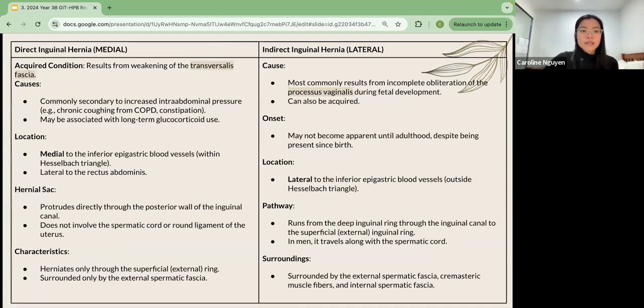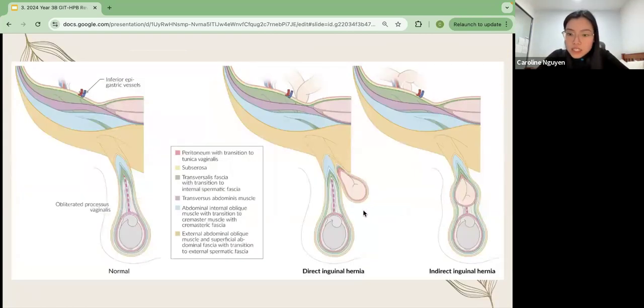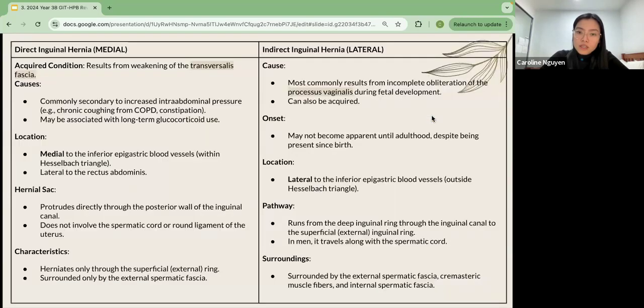So the main difference between direct and indirect is that the direct is medial to the epigastric vasculature, and the indirect is lateral. Medial, because if it is here, it has passed through the fascia. Whereas if it's down here, it's because there was a problem with the processus vaginalis.